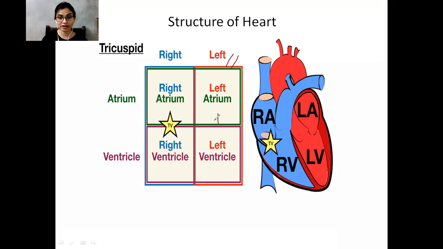From the left atrium, the blood flows to the left ventricle. And then from the left ventricle, the blood is pushed into a blood vessel called an artery. An artery is a blood vessel which carries blood from the heart to different organs.